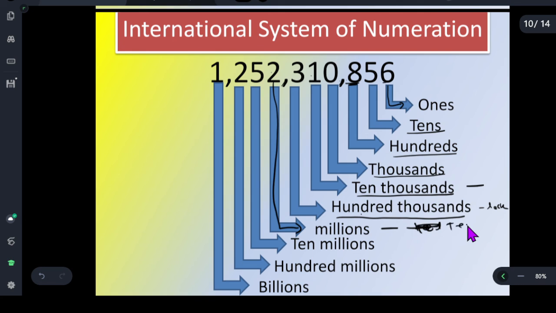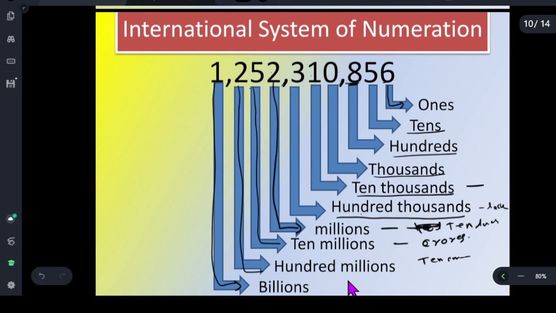After million there is 10 million, which is 1 crore place value in the Indian system. Then you have 100 million place value, which equals 10 crores, and then you have 1 billion.